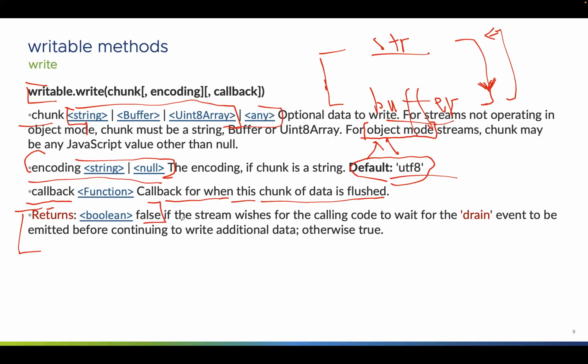If it returns false, that means the stream wishes for the calling code to wait for drain. That means the stream's internal buffer is full. Then when you write some extra data, it returns false. Or if the internal buffer is not full, it just returns true. The return value is like a signal giving you the internal buffer status.